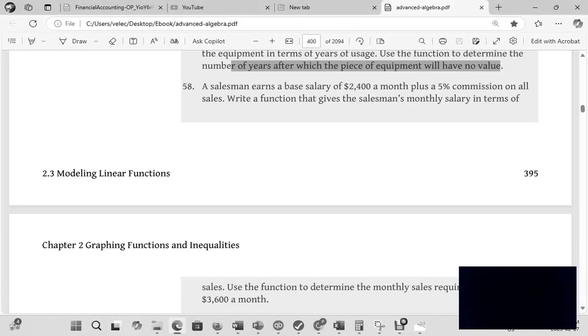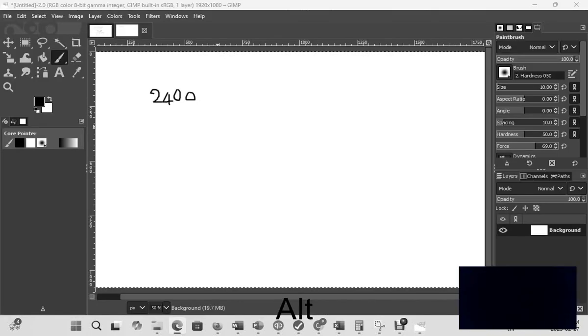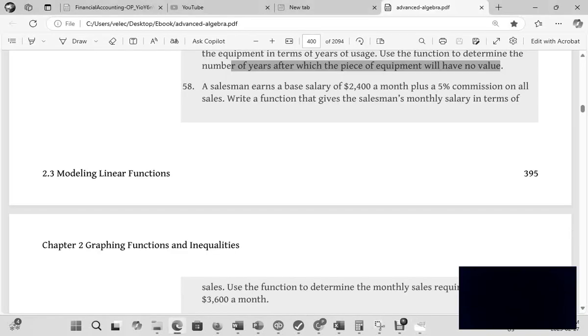And commission is 5% commission on all sales, so this will be plus 5% commission, 0.05 times X. Basically, X represents the total number of sales, and Y equals total earnings.